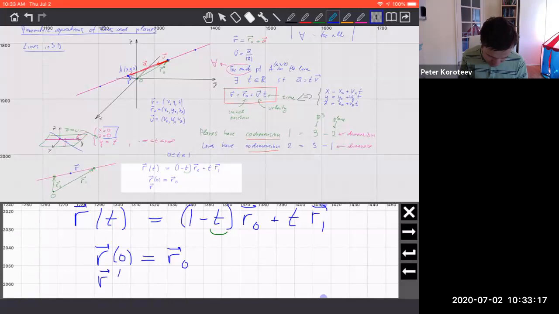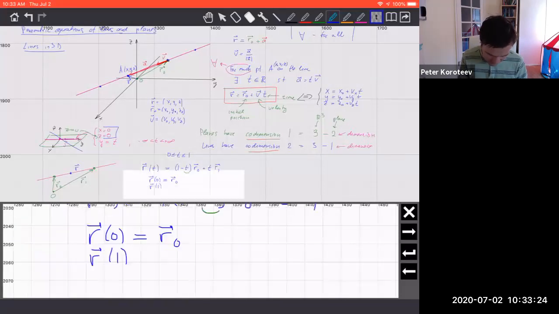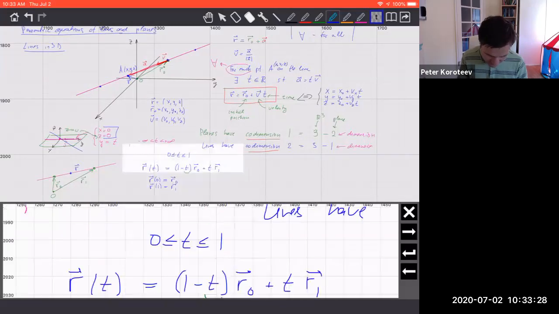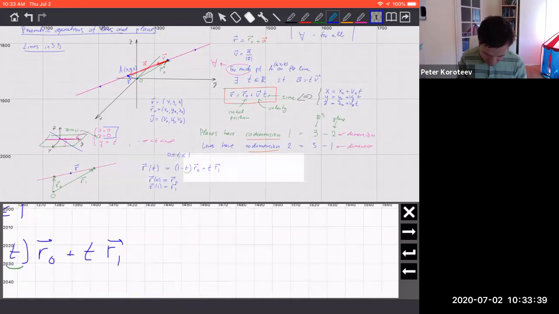And when T is equal to 1, the first term disappears, and the second term gives you R1. For T between 0 and 1, the answer is given by the formula. So this equation conveniently describes the line segment between these two endpoints.